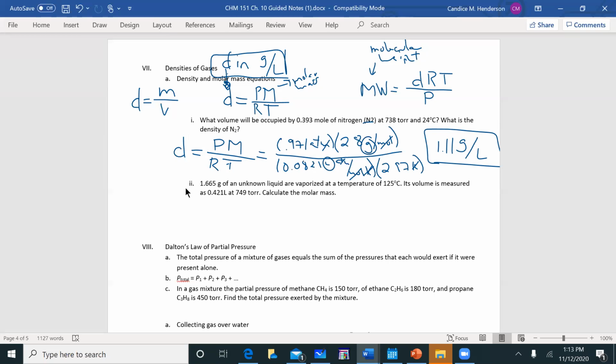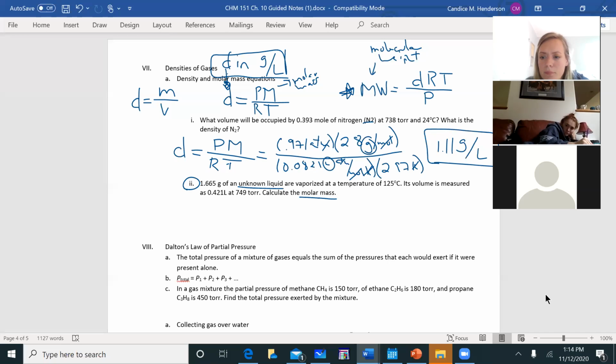So I want you to try this one here, number 2. This is an unknown liquid, and what you're trying to do is calculate the molar mass. Okay, I want you to tell me what the molar mass is. If we're going to calculate molar mass, I want this bad boy over here. So using this equation, see if you can come up with the molar mass using all the other little pieces of info.